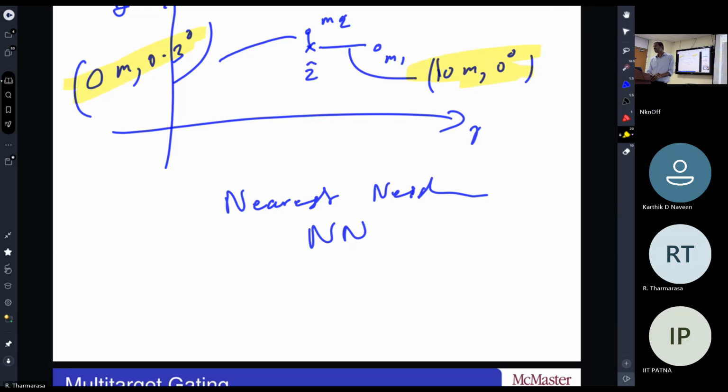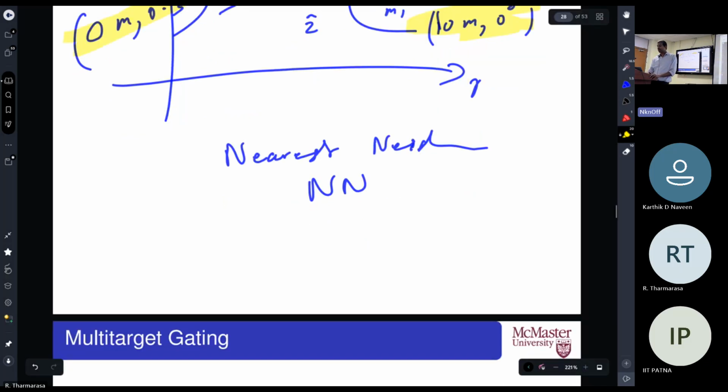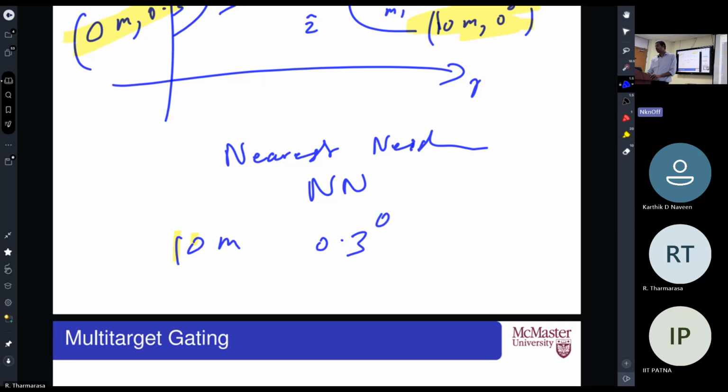M2 is closer. Okay, why is M2 closer? Now let me explain. 10 meters, 0.3 degrees. Which one is smaller? 10 meters or 0.3 degrees? Which one is smaller?